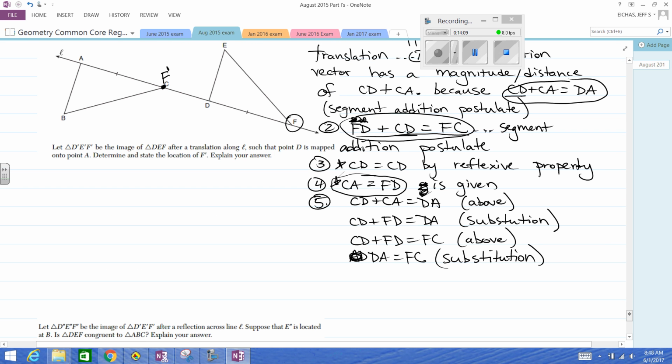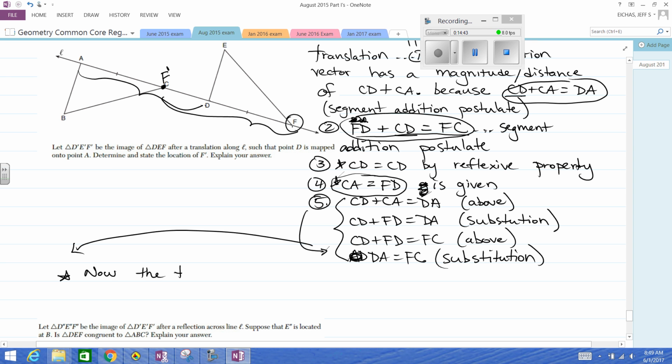All right, so basically, I wrote all this. I probably just needed to go right to there, but I didn't want to leave any doubt. What is this showing? This is showing that this move from D to A is the same distance as from F to C. So the translation vector that we use to go from D to A is going to be the same distance as F to C. So we've established that.